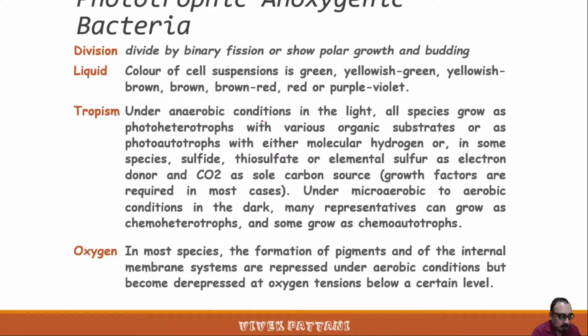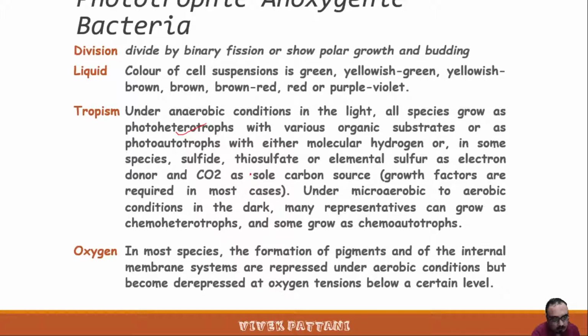Under anaerobic conditions in the light, all species grow as photoheterotrophs with various organic substrates, or as photoautotrophs with molecular hydrogen, and in some species they also use sulfide, thiosulfate, or elemental sulfur as electron donor, and carbon dioxide as sole carbon source.